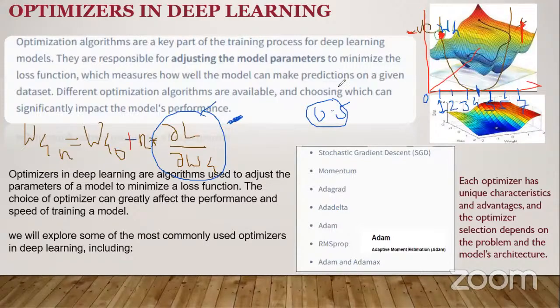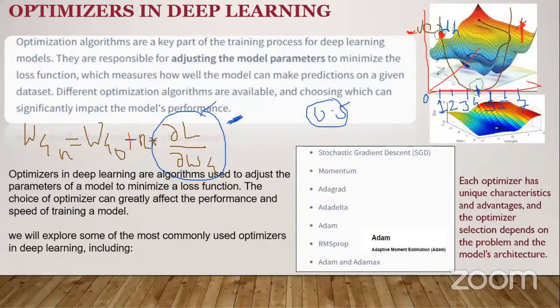In this case, we started with a negative derivative. In order to reach the global minima, which is at this point, whatever value I have taken was high, so I have to reduce. I have to come down to this point.